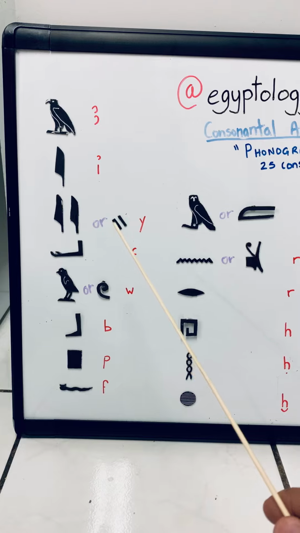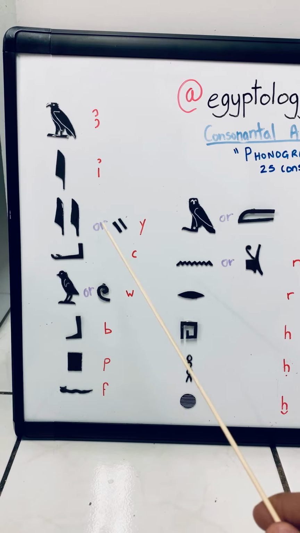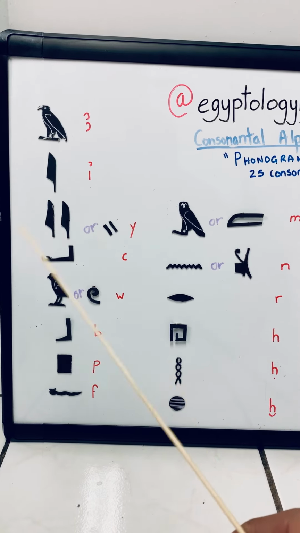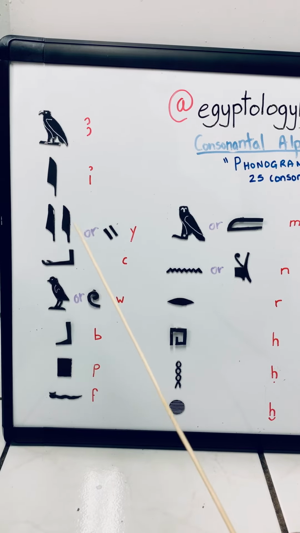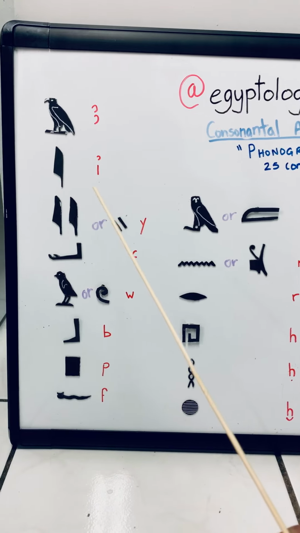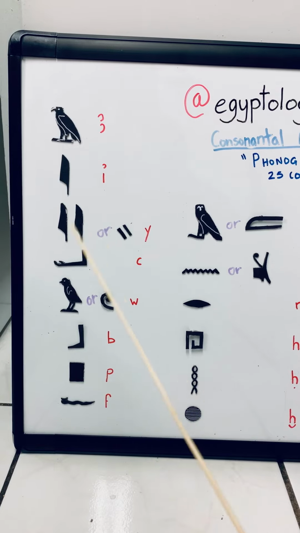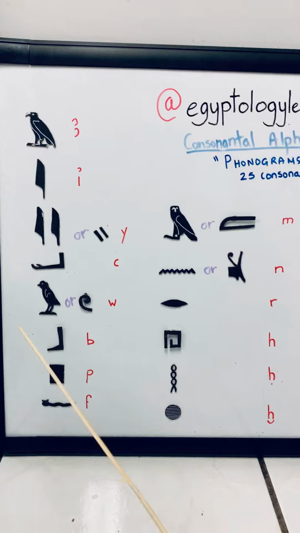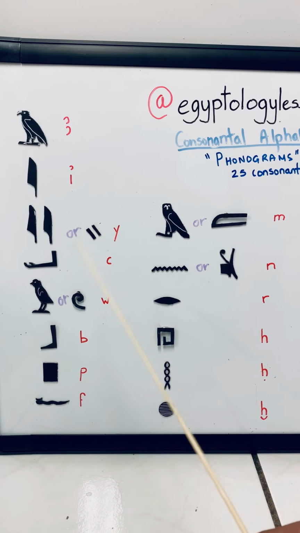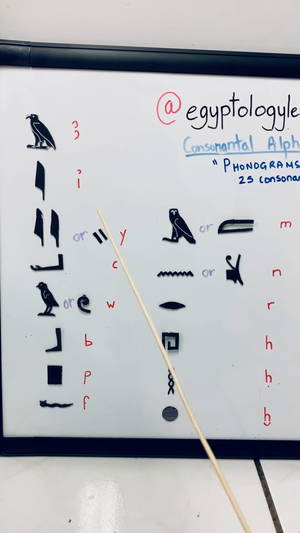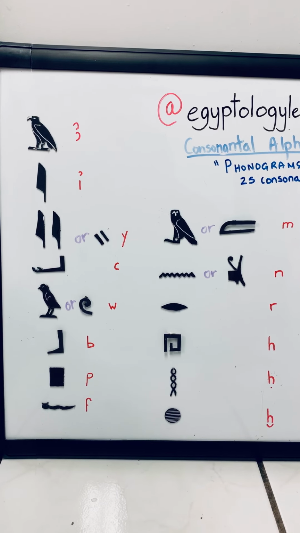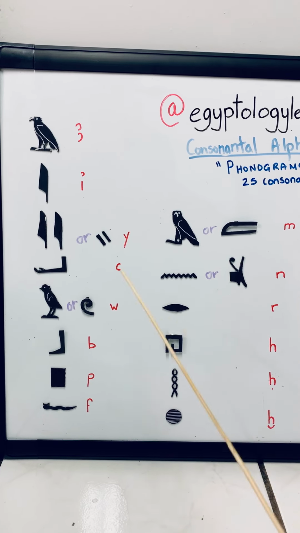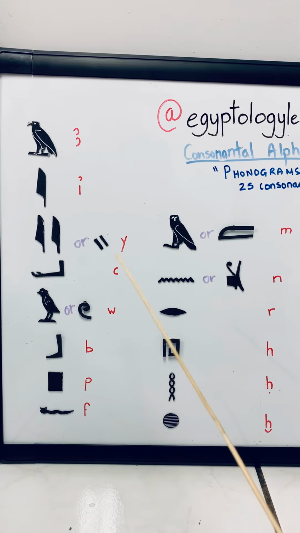Now, sometimes due to space or other conventions, the same unilateral word was created as another type of hieroglyph with the same sound. So this is a double-sided stroke, and that was also used in order to represent the letter E, sometimes for just fitting space in cartouches or even on inscriptions, just to make sure that it creates a little bit more space.